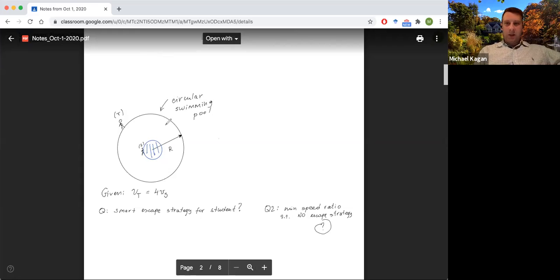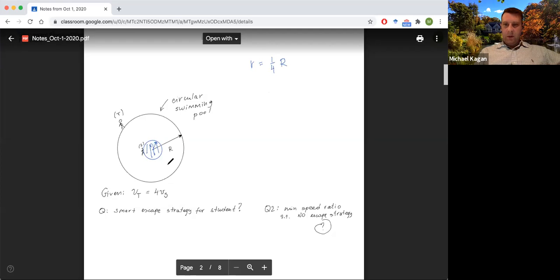Teacher running around is obviously rotational motion, but the student can also swim around. So if the student is inside this circle, say this is little r, and little r equals 1/4 of r, then the student actually has a greater angular velocity than the teacher inside the circle. And on the border, it has exactly the same angular velocity as the teacher.